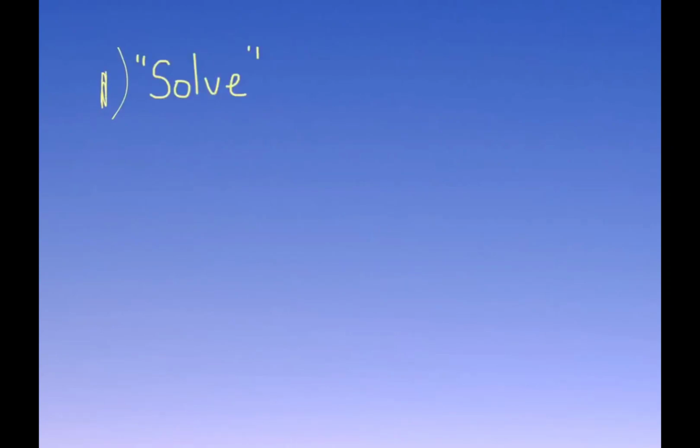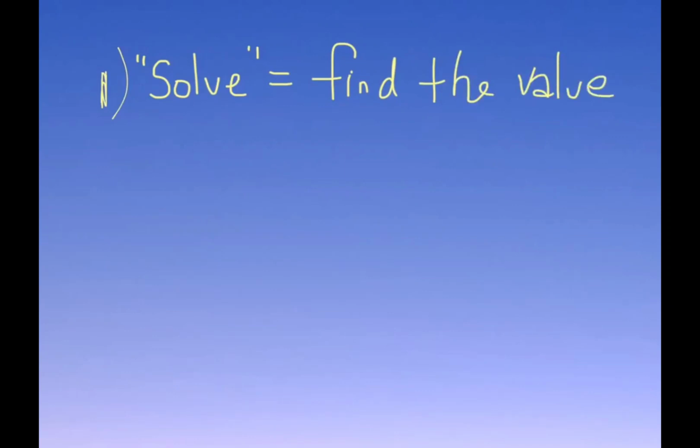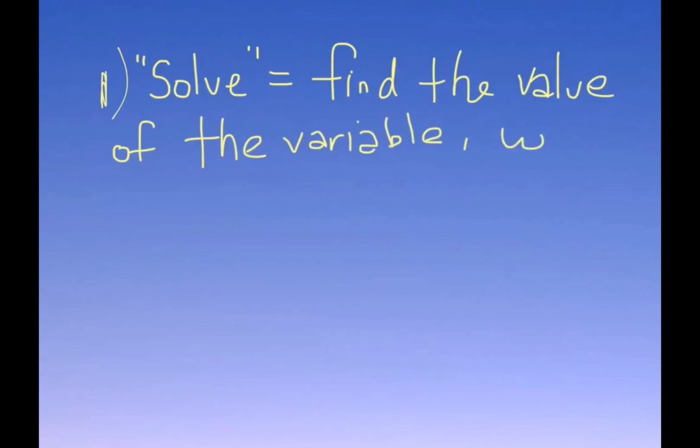The first thing you need to remember is, when you're asked to solve an equation, what that means is to find the number value of the variable in the equation, usually x, which will make that equation true.